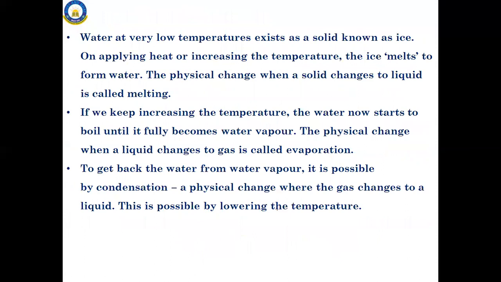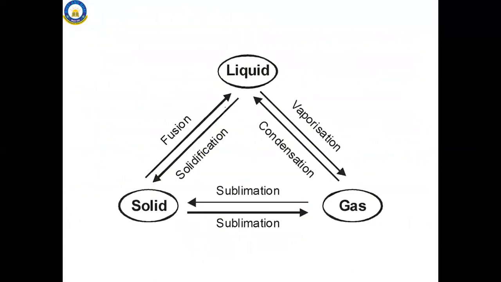And after this, if you see the same thing that they have given here, let me take this one clear example. Water is the best example that I am considering.